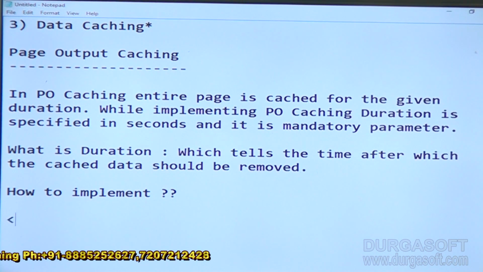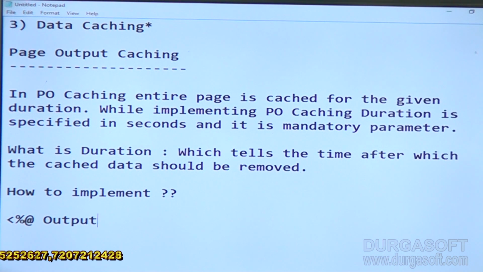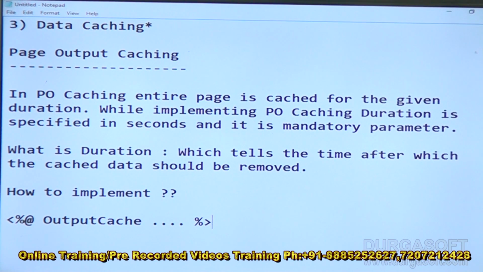Before doing the demo: the OutputCache directive, <%@ OutputCache %>, is the directive. You all know page directives, or not?